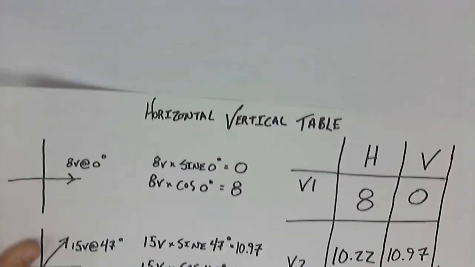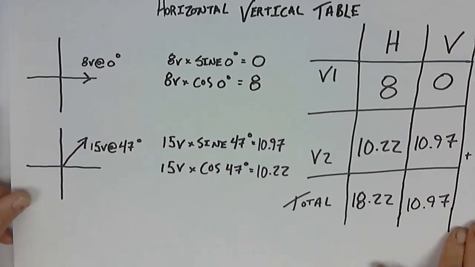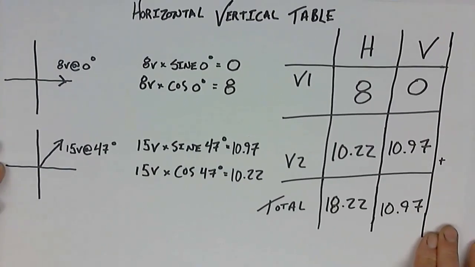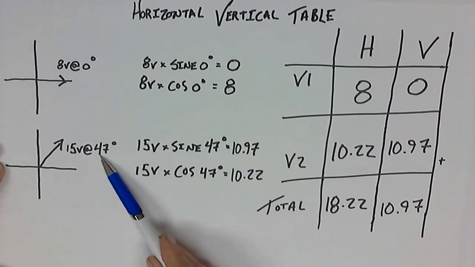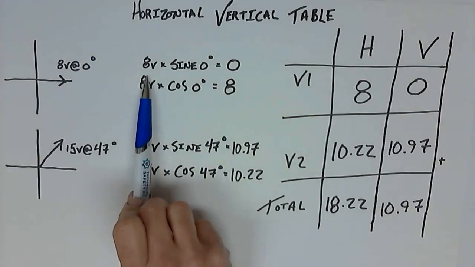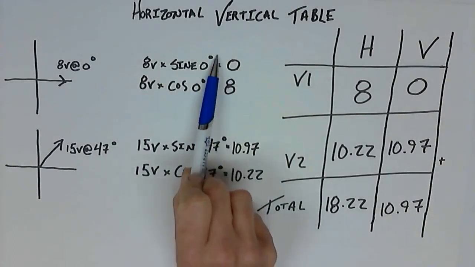So let's go back to our example. We had an 8-volt phasor at 0 degrees and a 15-volt phasor at 47 degrees. What I've done is I've taken 8 volts times sine of the angle, which equals 0.